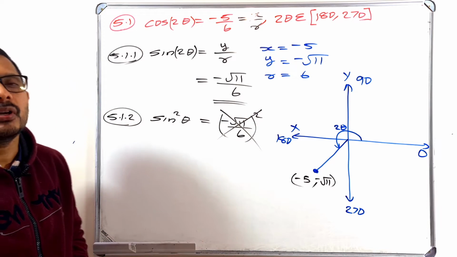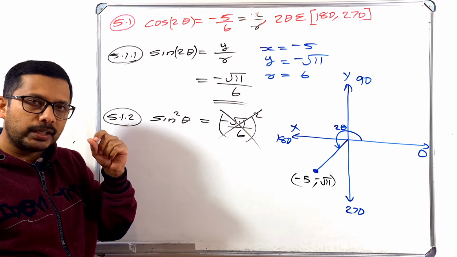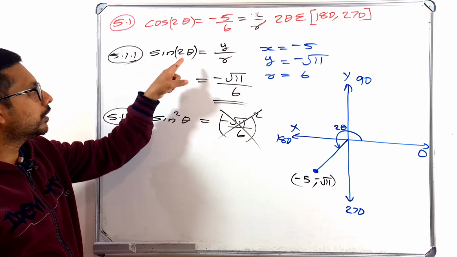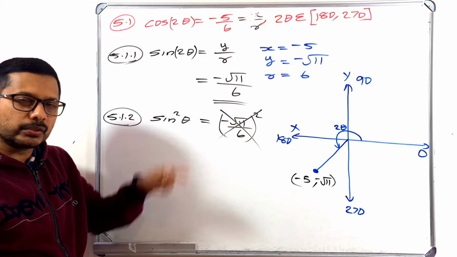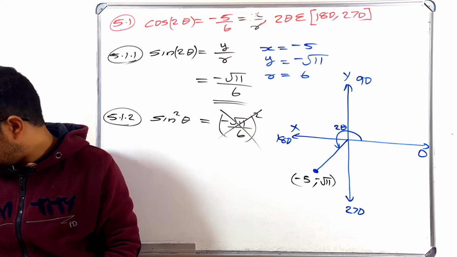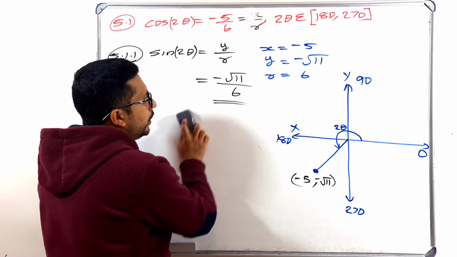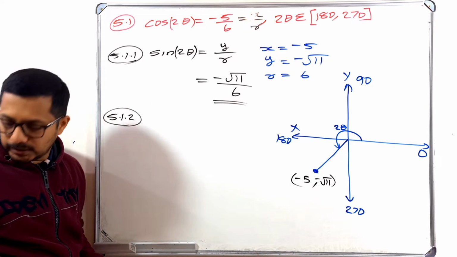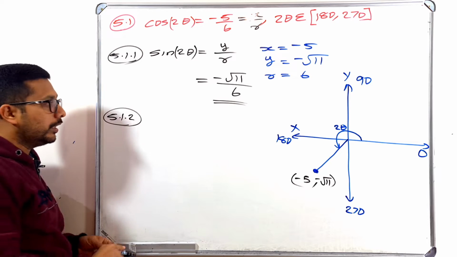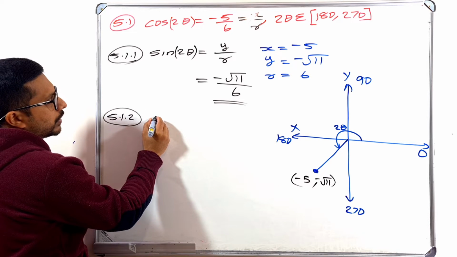What you have to do in this type of question is find an expression to convert between 2 theta and theta. 2 theta is a double angle. Do you know any expressions connecting 2 theta and theta? Did you study the double angle formulas?